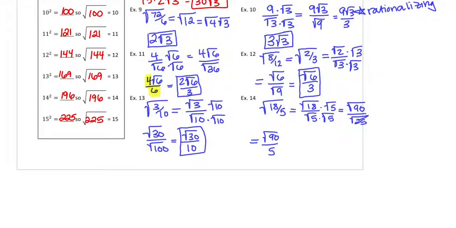But now we need to check the top, right? Is there a number on my list that goes into 90 evenly? Well, let's check. Let's start at what's half of 90? 45. So you're looking at your list off to the left now. So looking less than 45. So does 36 go into 90? No. 25? No. 16? No. 9? Yes.